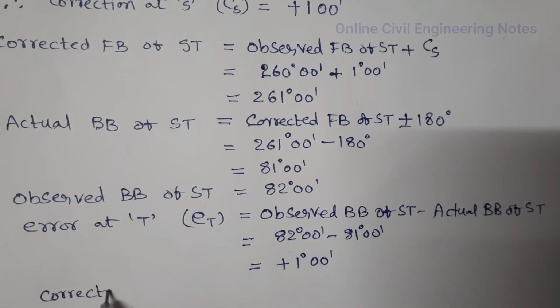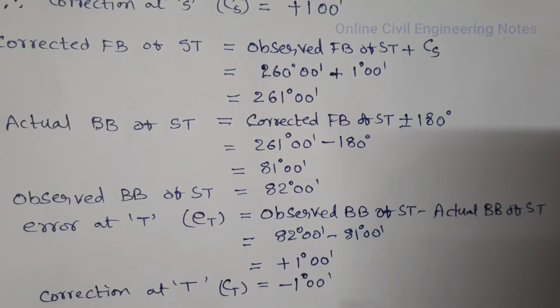Correction at T station, CT, is equal to minus 1 degree.